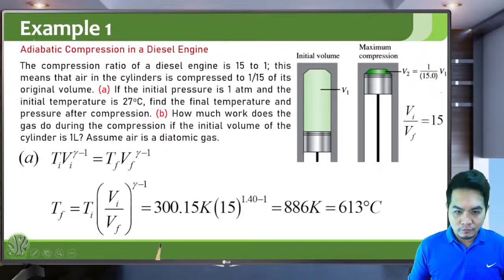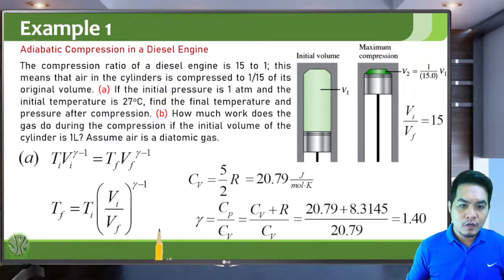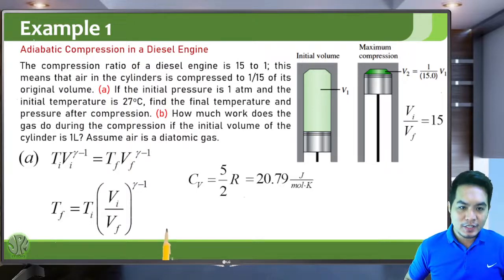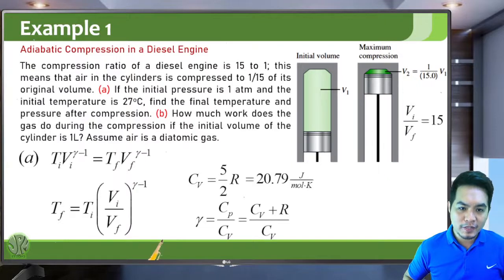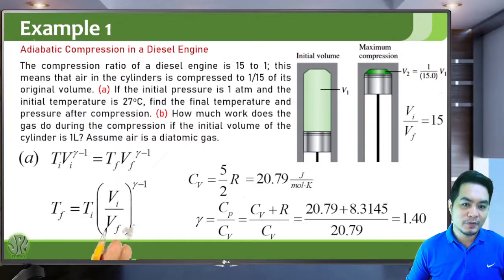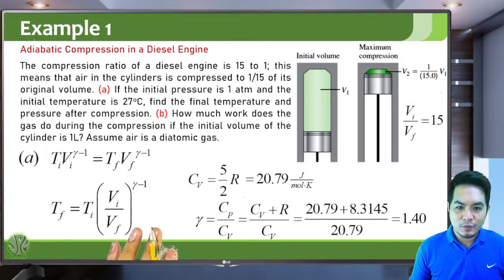So for a diatomic gas, its CV is 5 halves R, that's 20.79 or 20.8 joules per mole Kelvin. So its gamma is actually 1.4. So you can use gamma 1.4 if it's a diatomic gas.